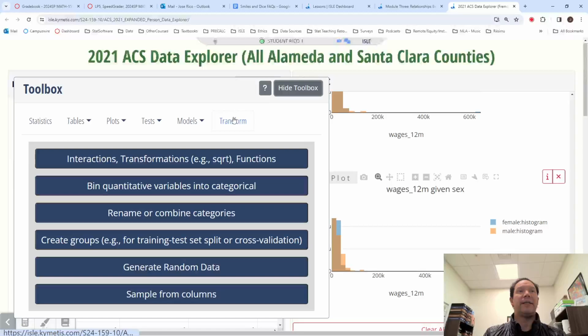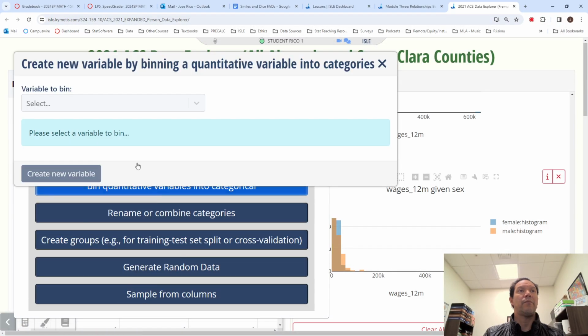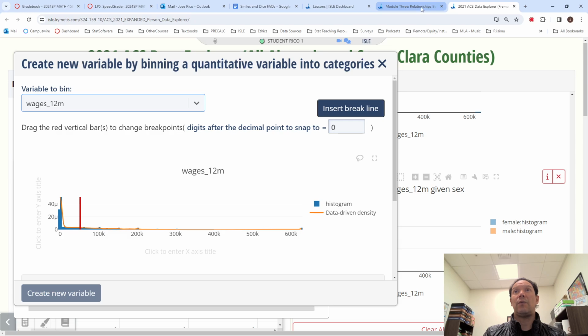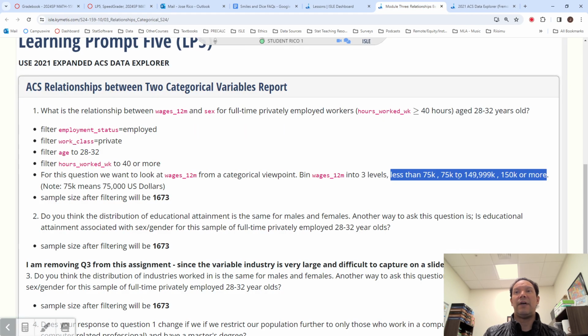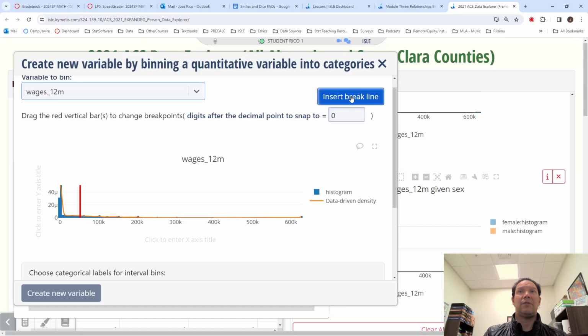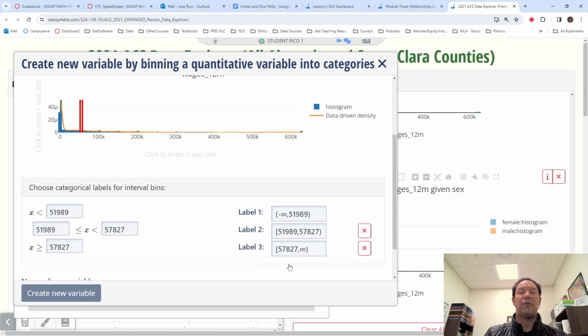I'm going to go to transform, then bin. I'm going to check my variable to be wages. I need to look at what it was. It was 3 levels: less than 75, 75 to 149,999, and 150K or more. That means I need 3 levels. I do that by inserting a break. That gives me now 3 levels.